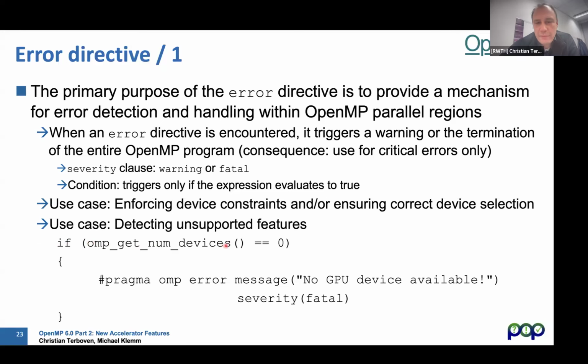So if omp_get_num_devices returns 0, that means the implementation is not able to detect supported devices at the time the program is running, or those devices are not available by whatever mechanism in your environment, resource manager, or operating system, you can specify an error message that no GPU device is available and stop the program execution. Probably, or in some cases, better than seeing the error message of the runtime.